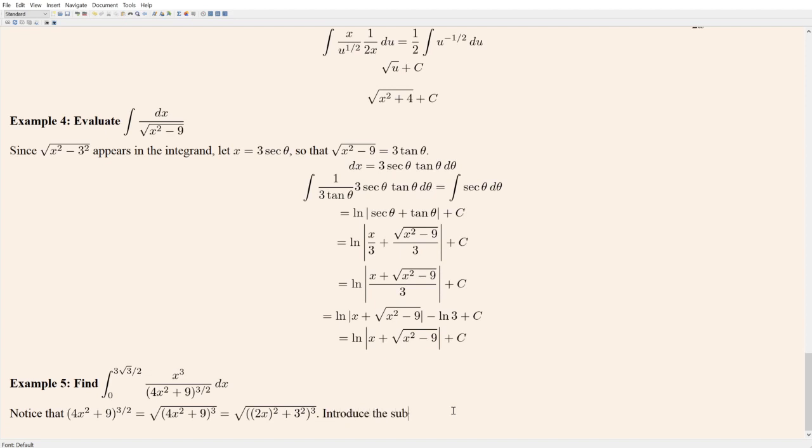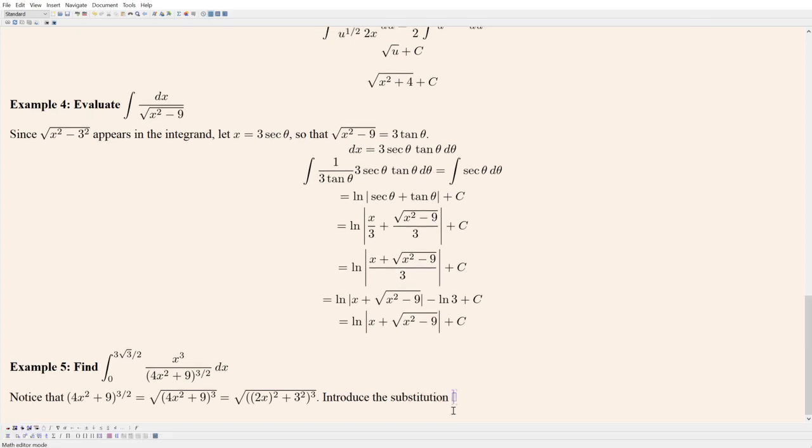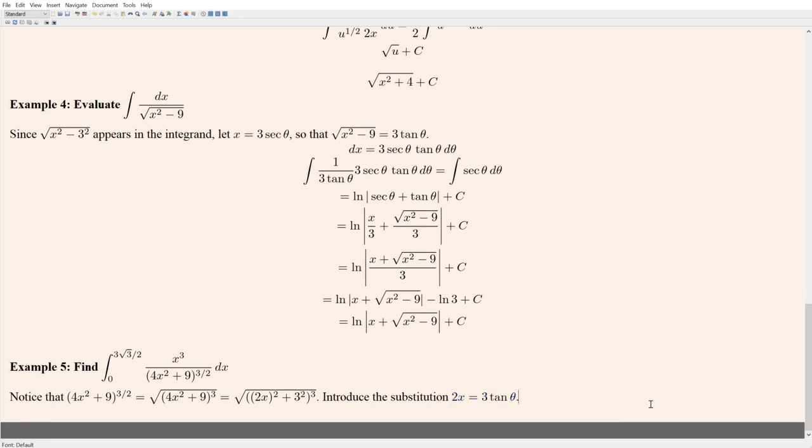So let's introduce the substitution. 2x equals 3 tan theta. Was it tan? Yeah, it was. No reason that we can't do that.